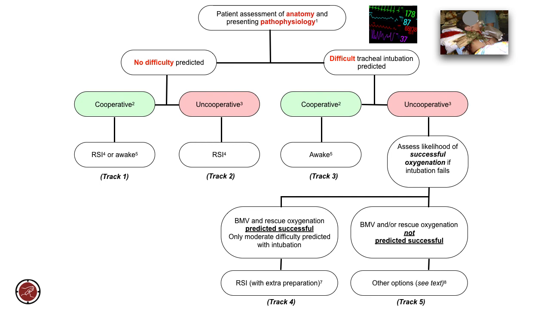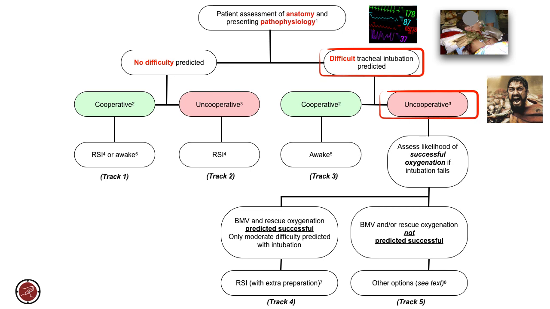So let's go back to our algorithm. Again, I'm not saying that this is an algorithm that people should use, but this is the one that we use. You assess the patient's anatomy and pathophysiology, and you assess them as being a difficult tracheal intubation, and the patient's uncooperative. Next thing you're supposed to do in this state, where you've got a difficult airway and they're uncooperative, you say, okay, if I can't tube them, am I going to be able to oxygenate them with bag mask ventilation?